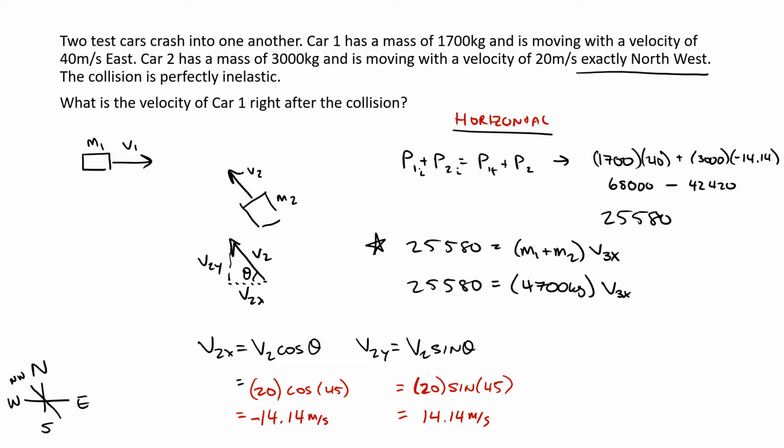That shows us that we have an x component of that new combined velocity that is 5.4 meters per second.